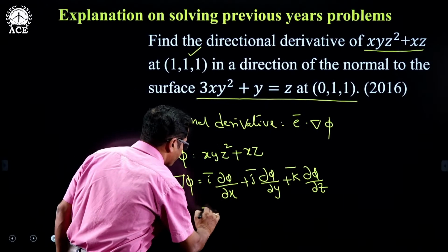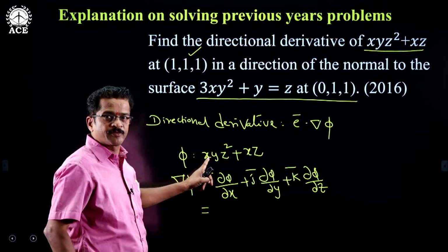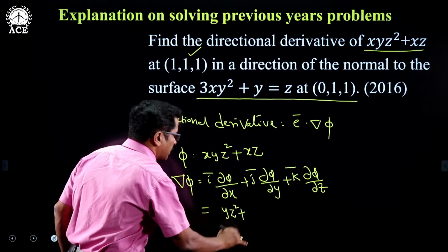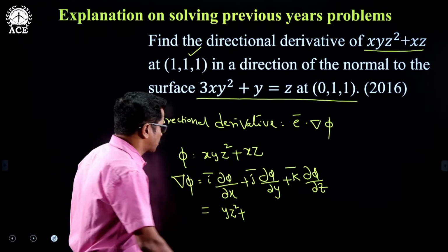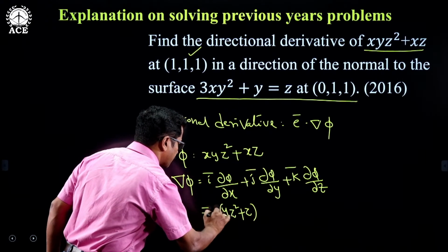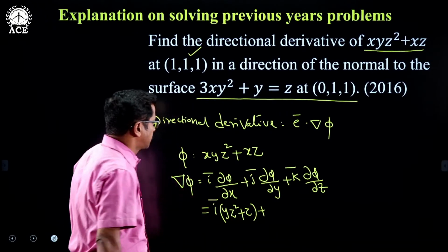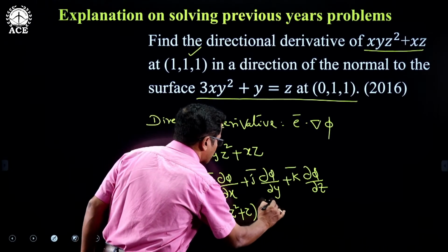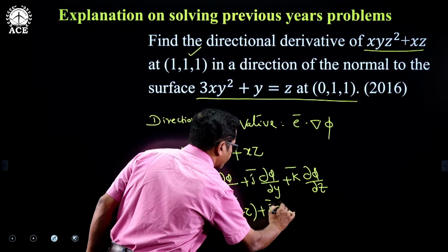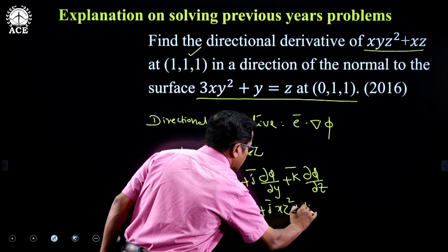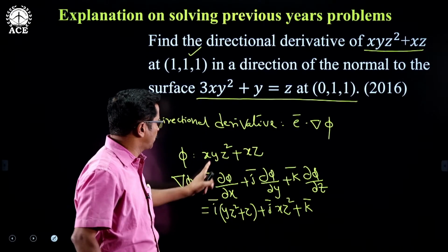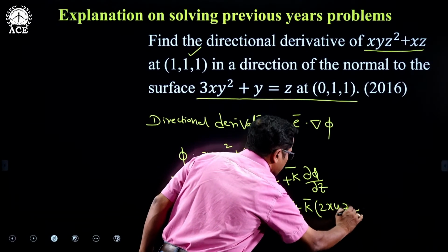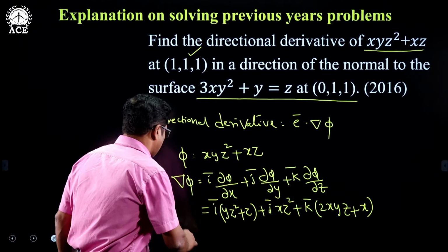Which is equal to dou phi by dou x: differentiating x gives 1, yz square is left, plus xz differentiated with respect to x gives z, into i bar, plus dou phi by dou y is j bar into xz square, plus k bar into, with respect to z, 2xyz plus x. This is del phi.